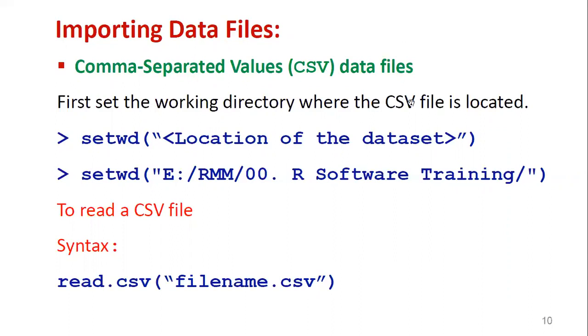First set the working directory where the CSV file is located. So using the first command what we discussed, set working directory equal to the location of the data set. So setwd. The path we have to copy where the file is located.